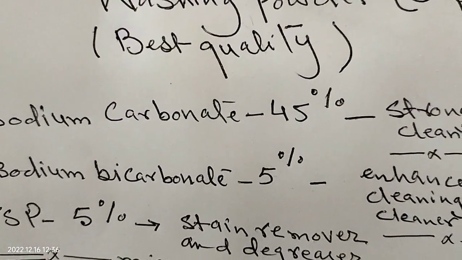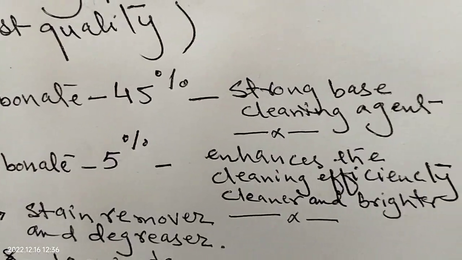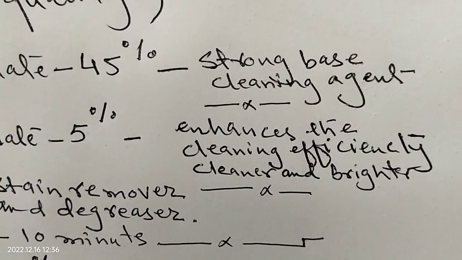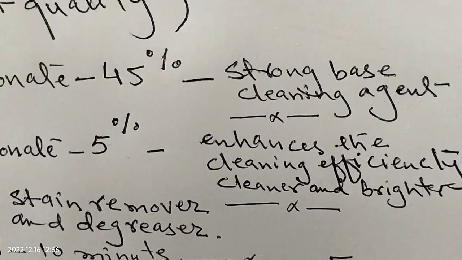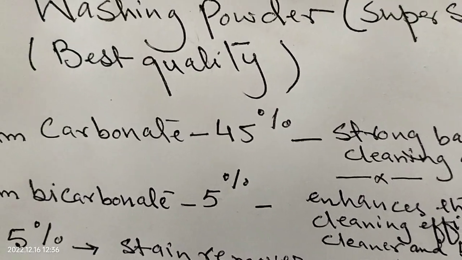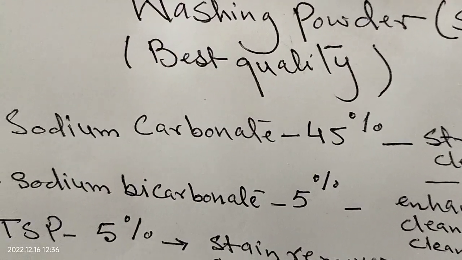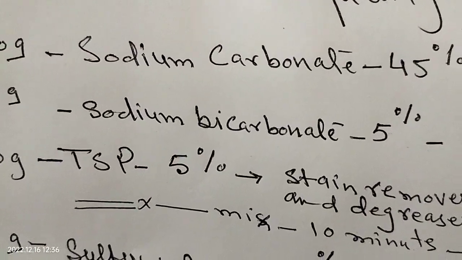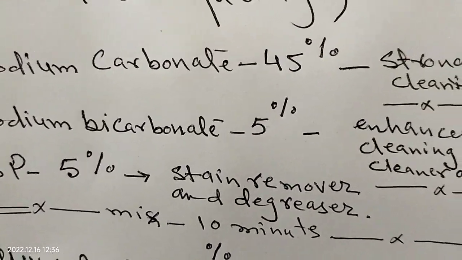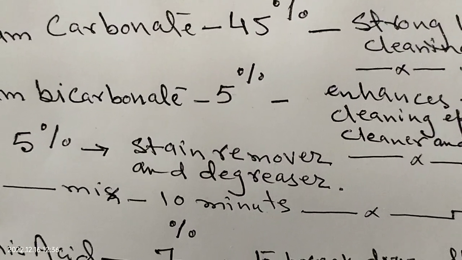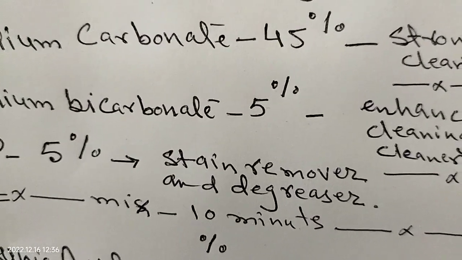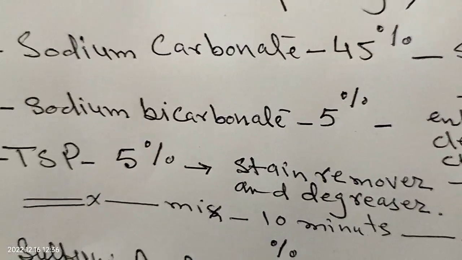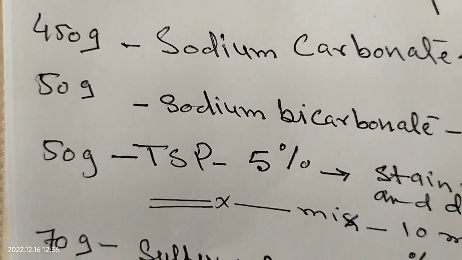Sodium bicarbonate 5% enhances the cleaning efficiency, cleaner and brighter. Brightness is created by sodium bicarbonate, 50 gram. TSP 5%, stain remover and degreaser for all the oily spots. TSP 50 gram.